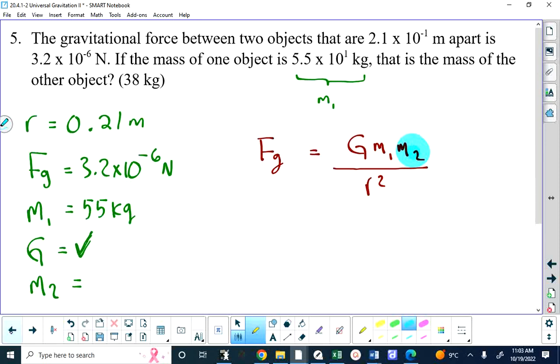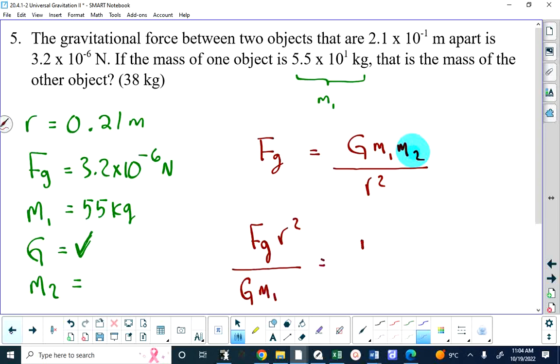If I want to get M2 by itself, it's already on the top, which is what I always want for an unknown. That means I have to get rid of all this other stuff. Since I'm dividing my unknown by R squared, I have to multiply by R squared to undo it.